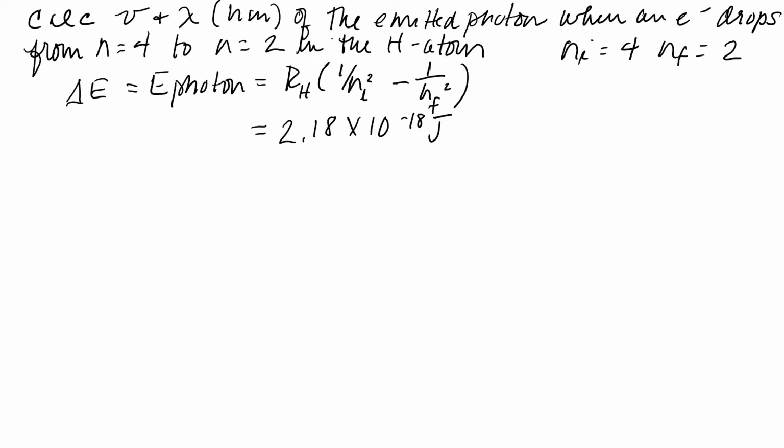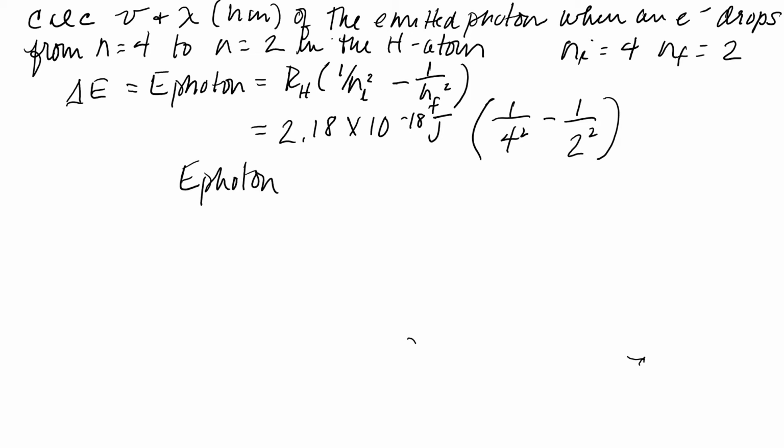And 1 over 4 squared minus 1 over 2 squared. And when we do that math, we get E of this photon is a negative 4.09 times 10 to the negative 19 joules.